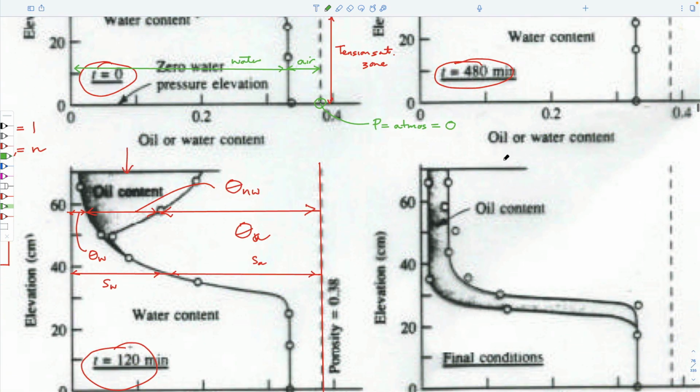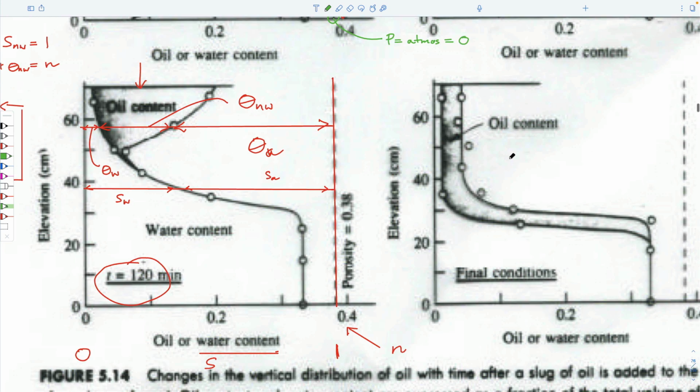And as time keeps on going, the most telling one of these is this one. So this is perhaps the key one in terms of our understanding. If I take a line that goes across here and draw separately between them, then this represents the effective saturation of the non-wetting fluid, or volumetric moisture content.